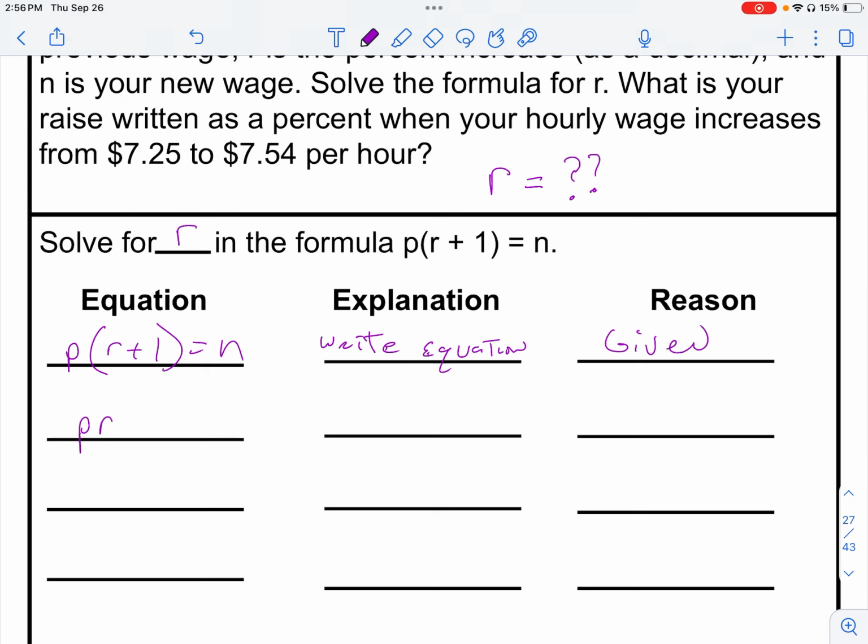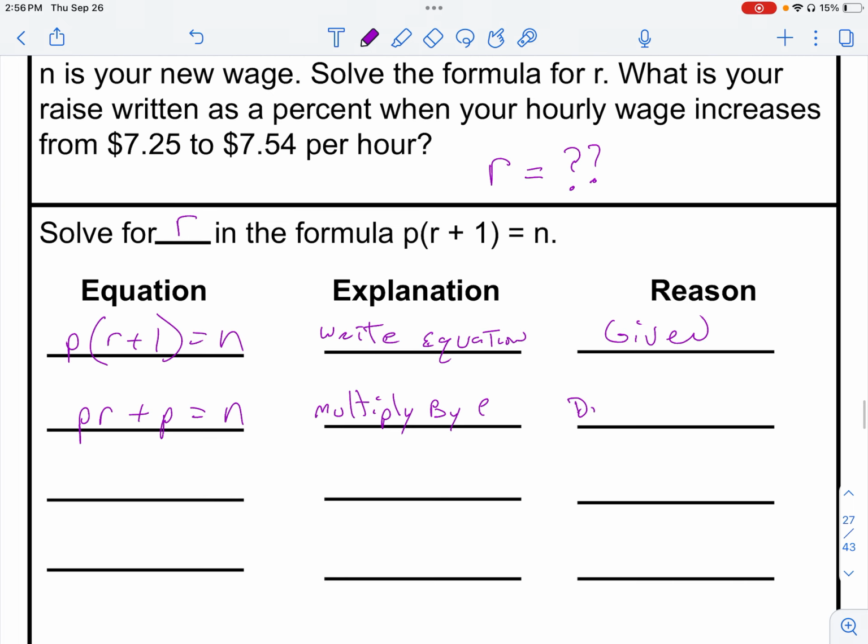And we're going to move to PR plus P equals N. So we're going to multiply that P out and distribute it. That's our distributive property.